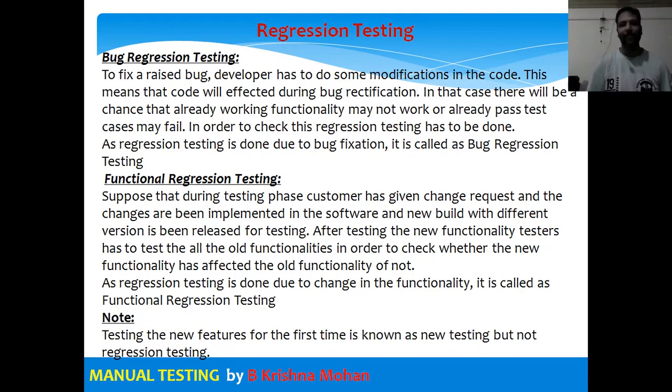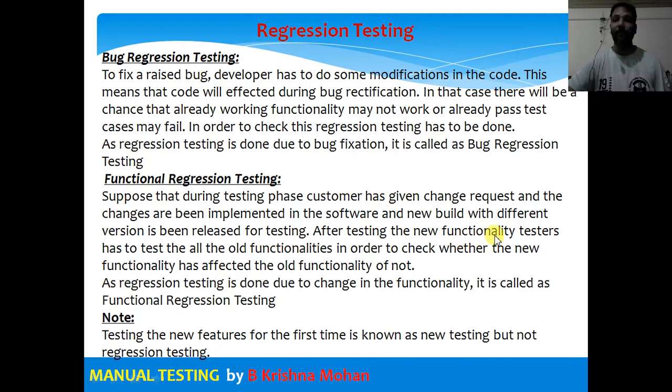Suppose that during the testing phase, the customer has given a change request, meaning a change in the requirements, and the changes are implemented in the software, and a new build with a different version is released for testing, because additional requirements have been added.